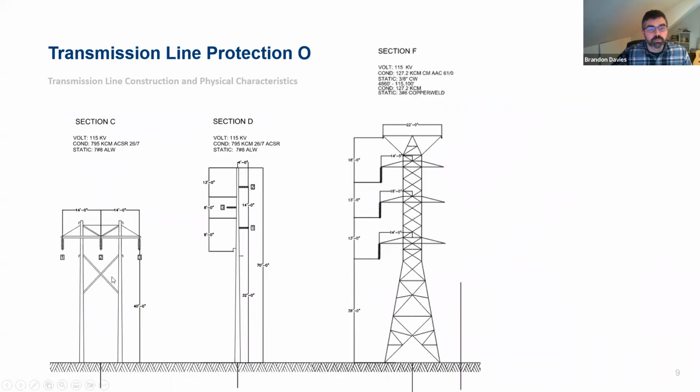So I've got a cross section here of some different transmission type structures. These are all 115 kV transmission structures with different arrangements. And you can see here each one has all of those components. It's got the structure itself. It's got insulators for hanging the conductors. It's got 3 phase conductors coming off the insulators.